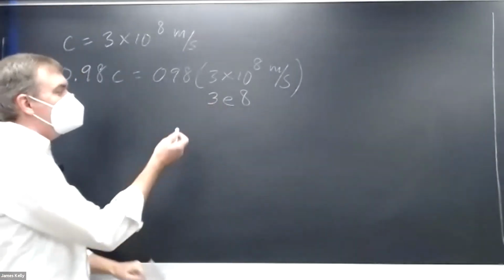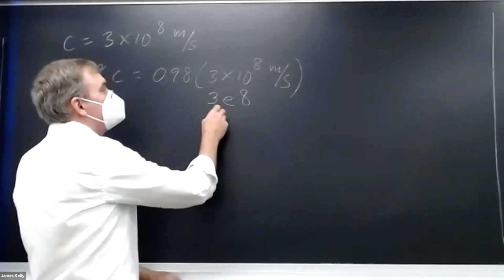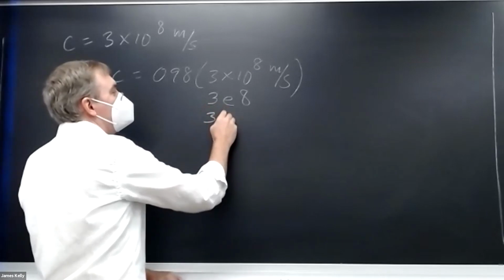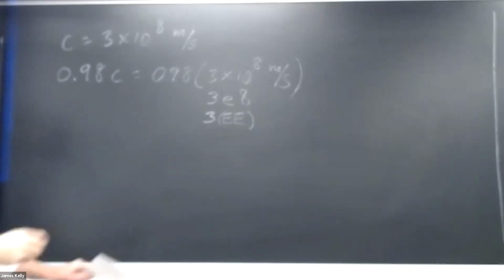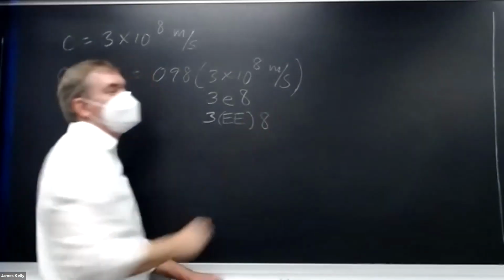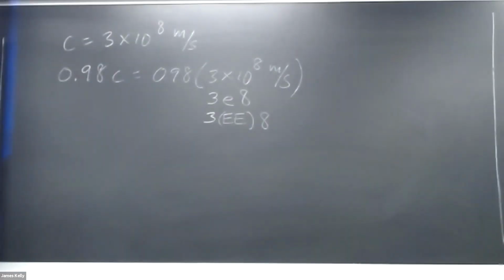On my TI calculator, you put in 3, and then there's a button that has an EE on it. You hit that EE button, then you hit 8, and then you hit enter, and that would be 3 times 10 to the 8th. So I would do 0.98 times 3EE8, enter, and it would give me the result.